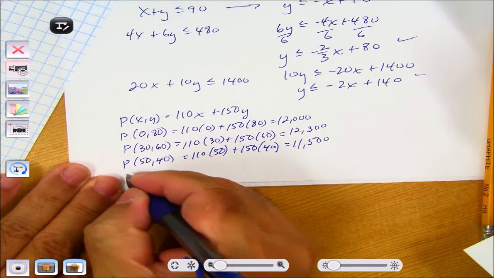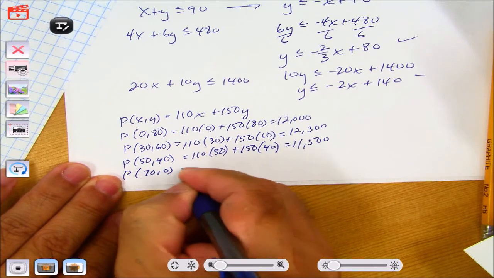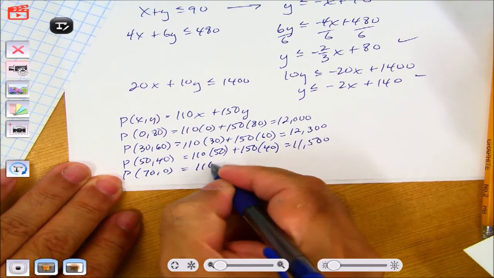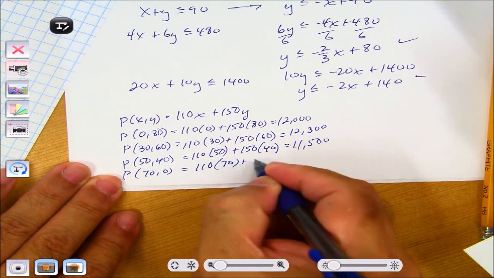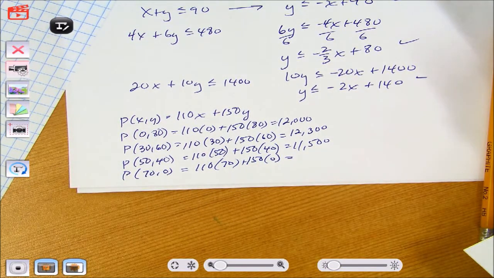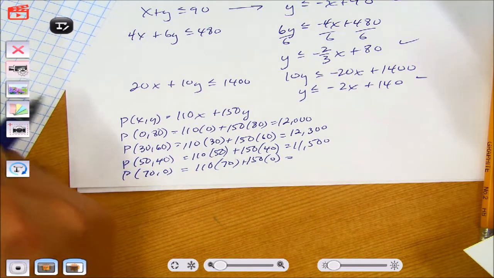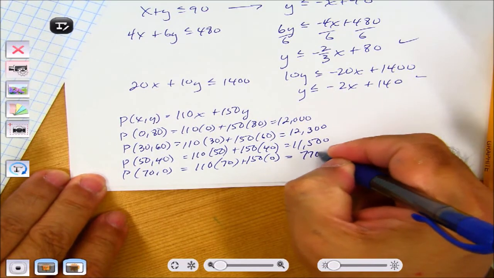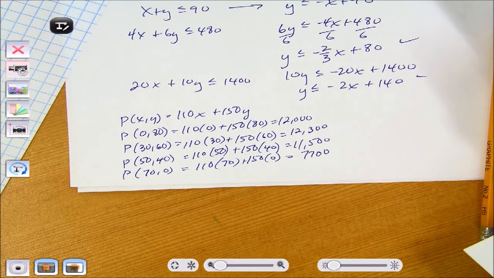And the last one, 110 times 70, I got 7,700. Okay, so the biggest profit is 12,300.